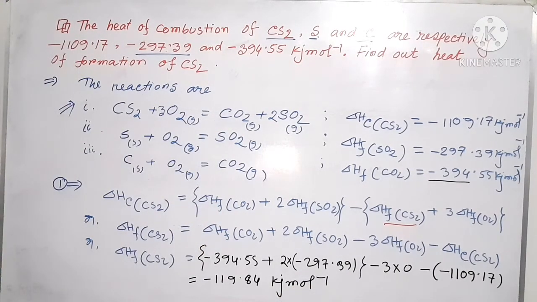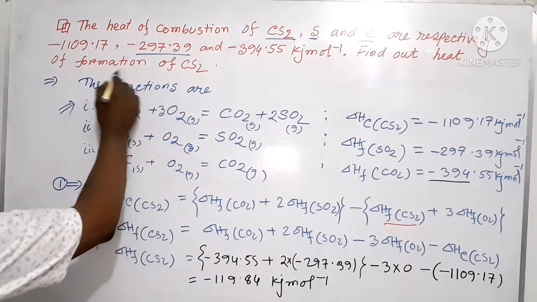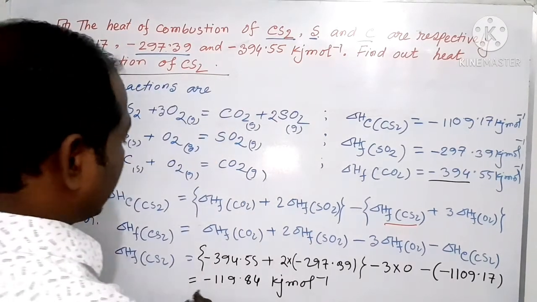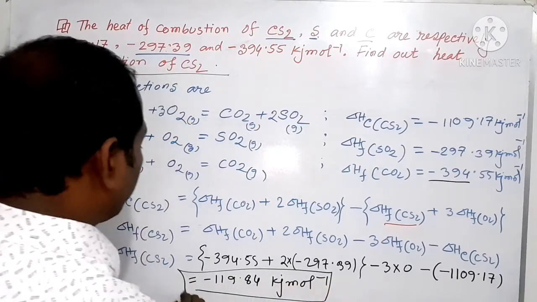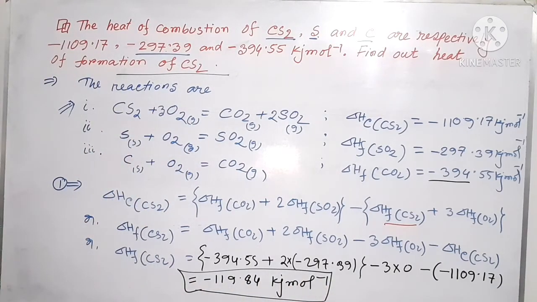So the formation enthalpy of carbon disulphide is minus 119.84 kilojoule per mole.